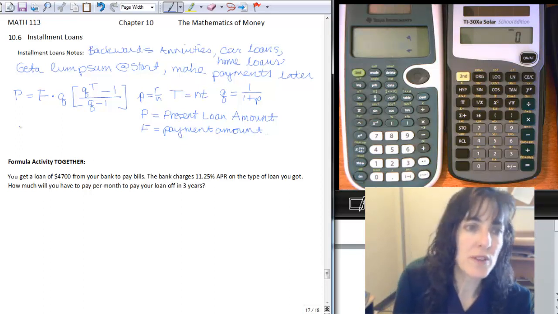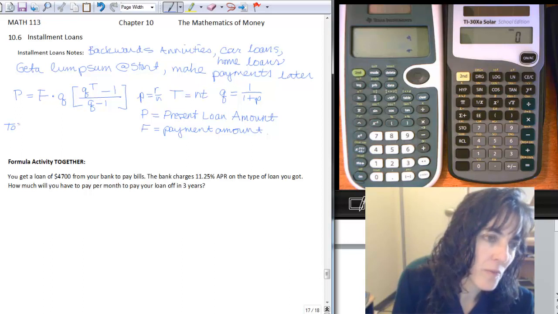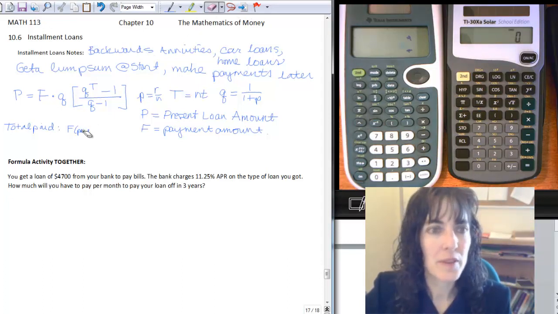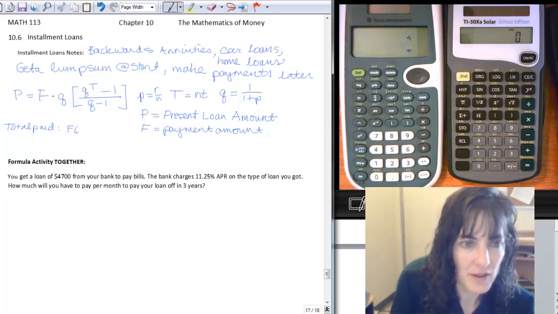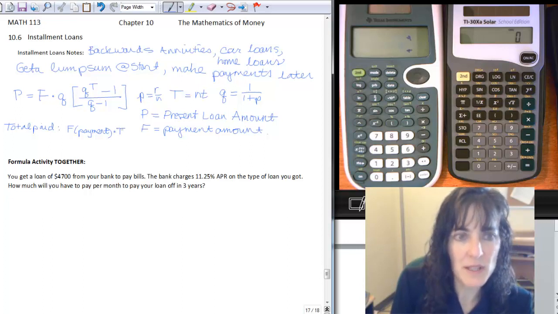Then we have one more thing that you can think of writing down a formula for if you want. The total paid for a particular loan is going to be the payment, the F in this case, which is our payment, times the capital T, which is the number of payments.